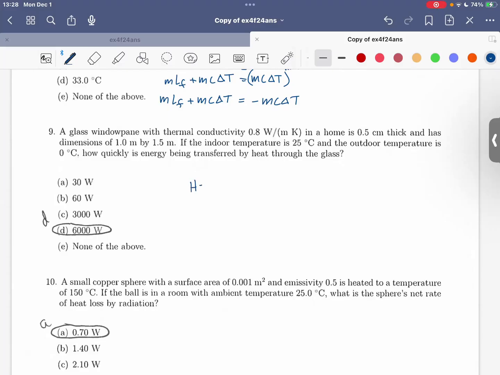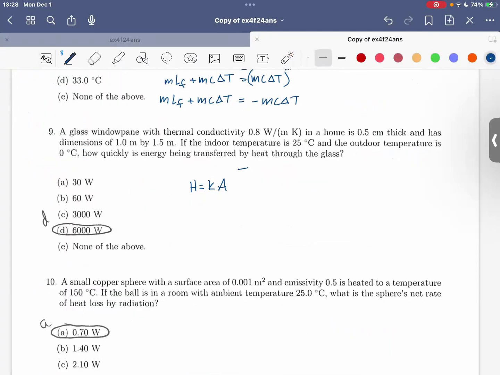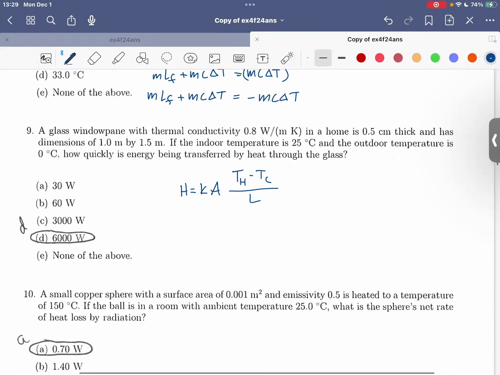So we had this equation, which comes from right here. And then thermal conductivity is our K. And so we can just plug everything in. It's actually super simple. 0.8 watts per meter Kelvin times 1.5 meters squared from our area.